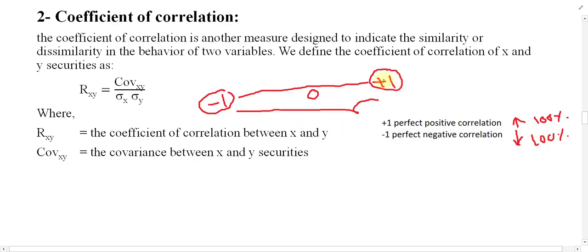They are the opposite of each other. If the coefficient of correlation is 0, it means there is no relation between the two securities. You cannot create a relationship between these two, right?